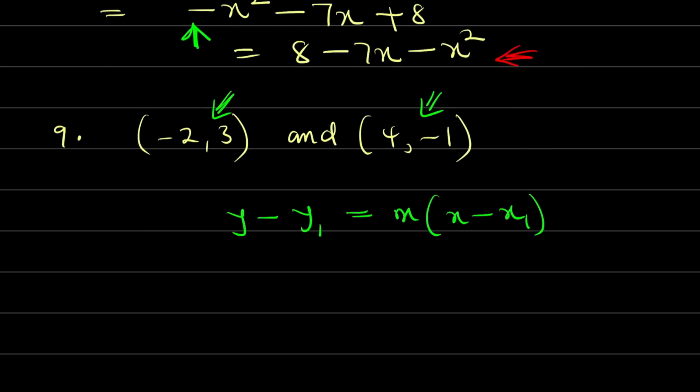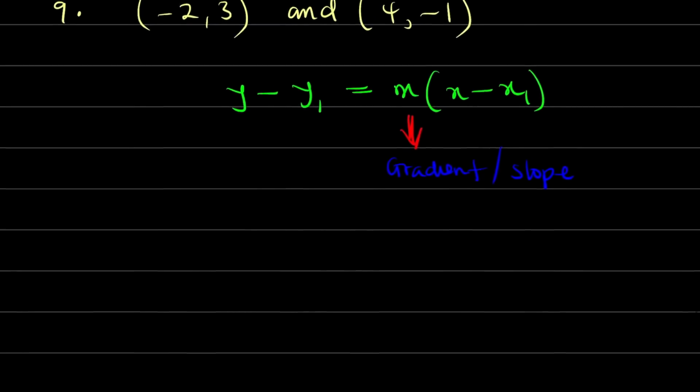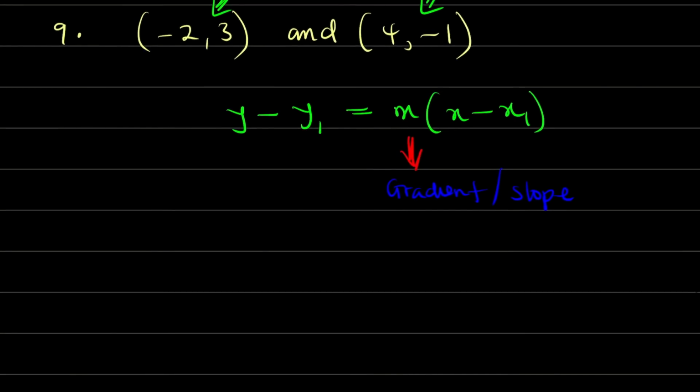Any of them can be your x1, y1, and m here is your gradient or slope. So we call this gradient. Some call it the slope. It is important to find the slope in this equation to be able to get the complete equation. So let's solve for the slope.